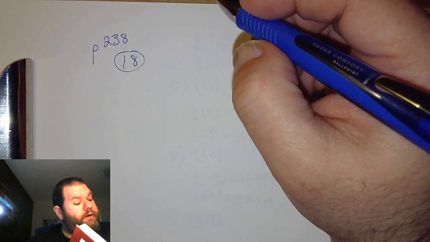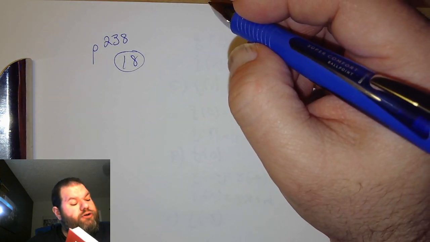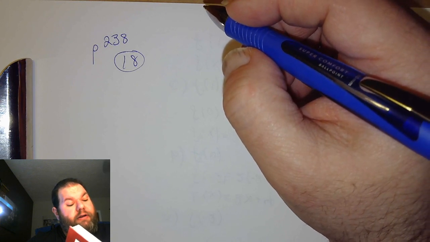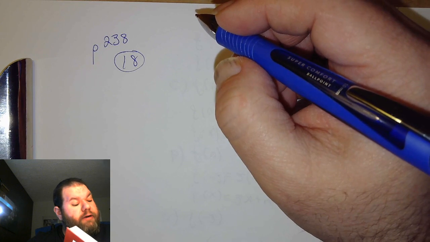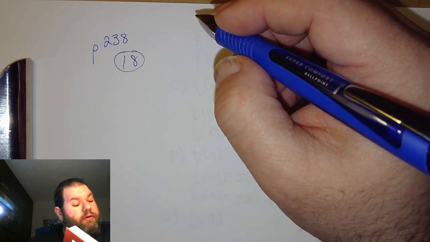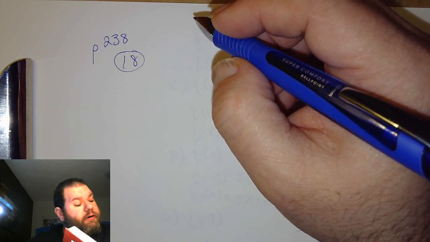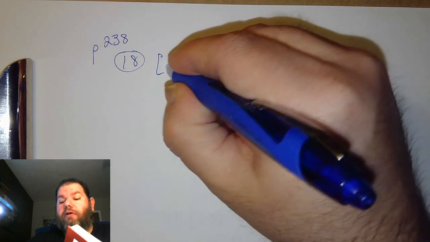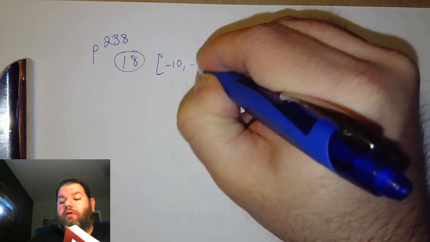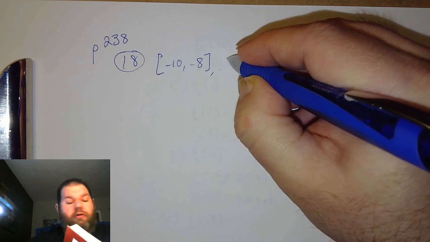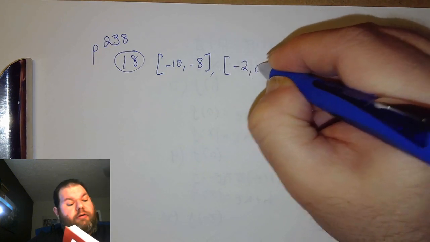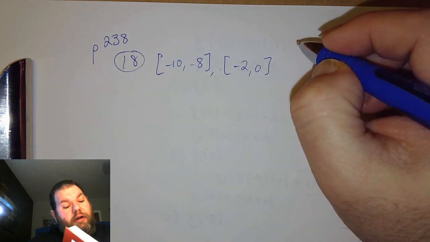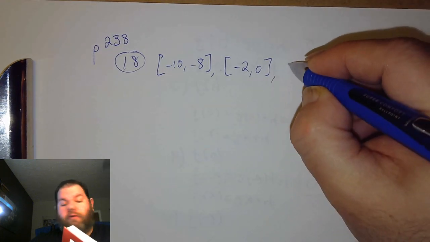So 18, intervals where the function is decreasing. That's from negative 2 to 0. Well, also negative 10 to negative 8. Negative 2 to 0, and 2 to 5.